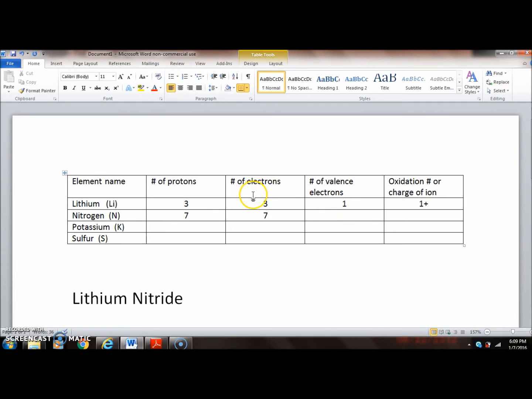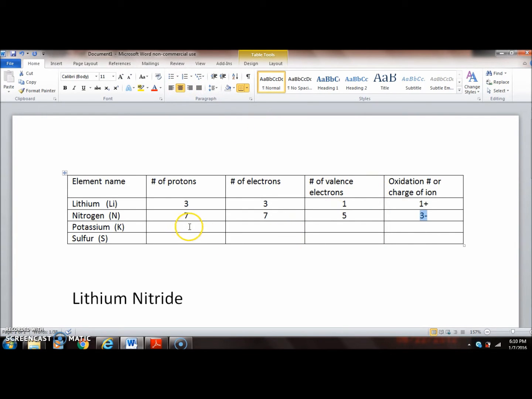Number of valence electrons is 5. So nitrogen is going to need 3 more electrons to fill its valence shell. So if it gains 3 electrons, it will then have more negative particles than protons, and that will become a 3- charge. So its oxidation number would be 3-.